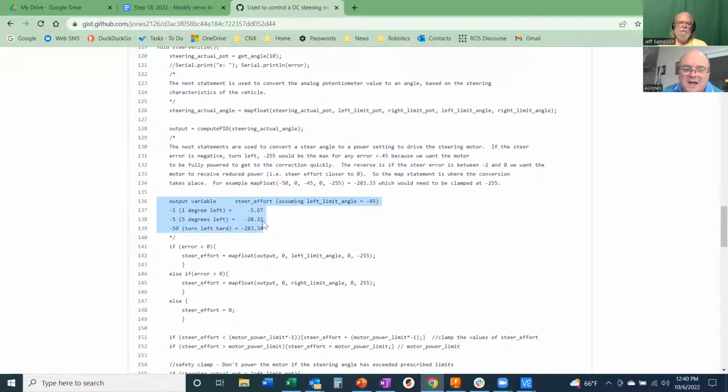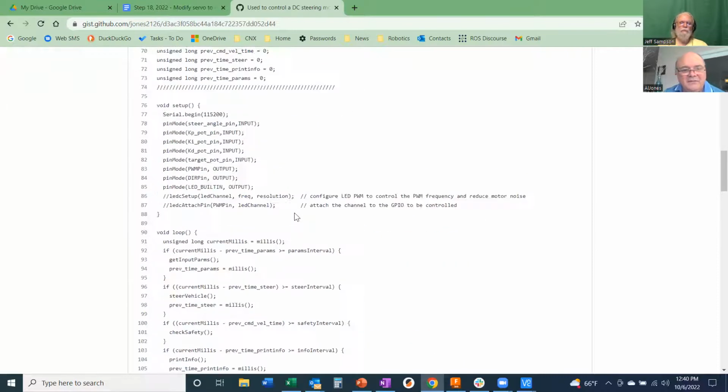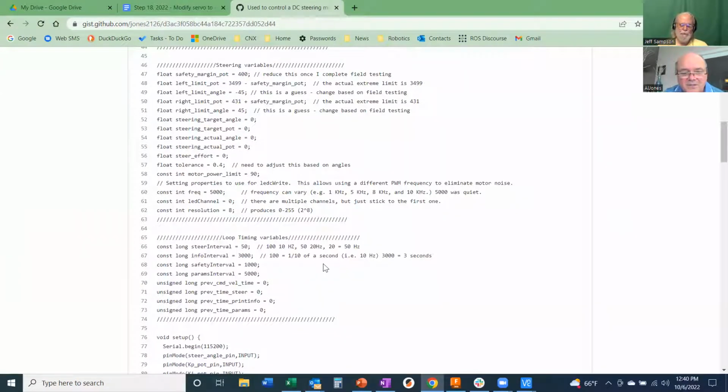I mean, these comments are probably not exactly accurate, but they're directionally accurate. That if it was off 1 degree, it would generate a steer effort of -5. I think I have a voltage thing up here somewhere.